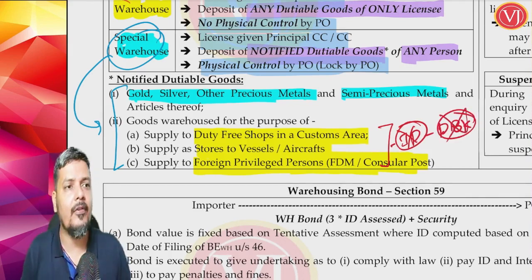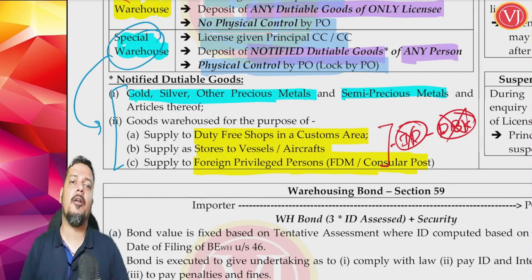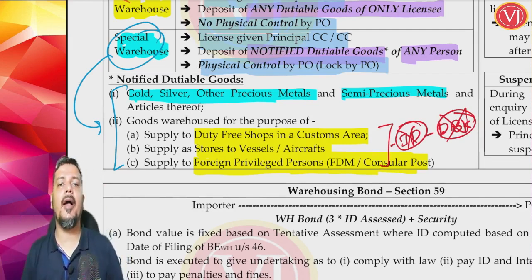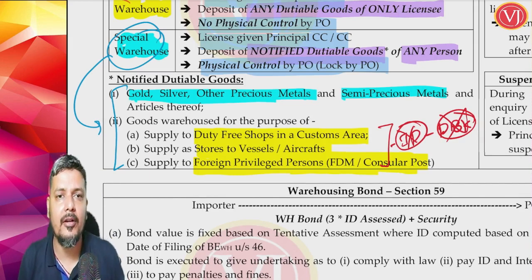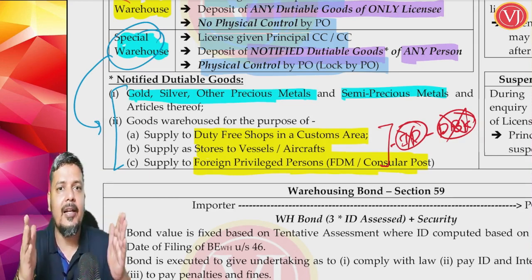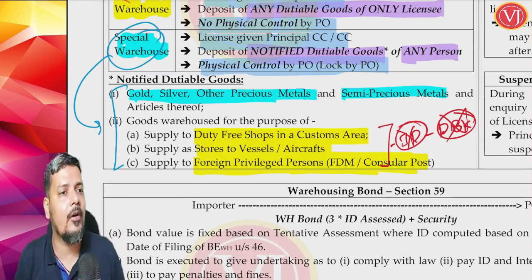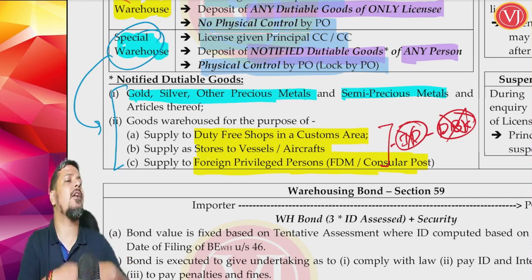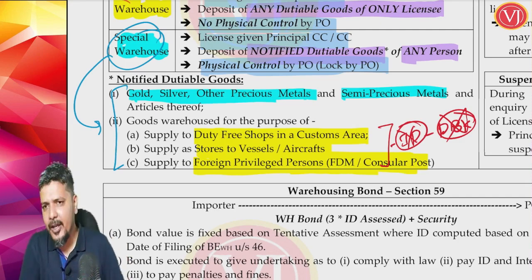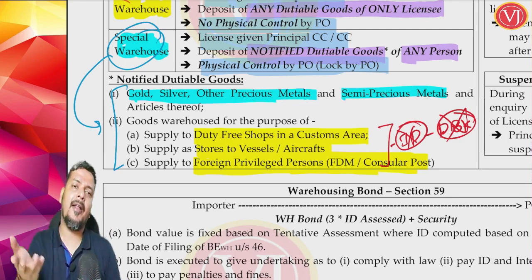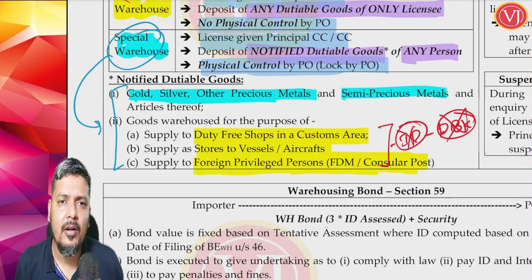What is the better option? Pay import duty and get duty drawback, or no import duty and no duty drawback. So when you are very clear that they are to be supplied to foreign going vessel or aircraft, why are you clearing in India? Why are you paying import duty, when you will get duty drawback later?